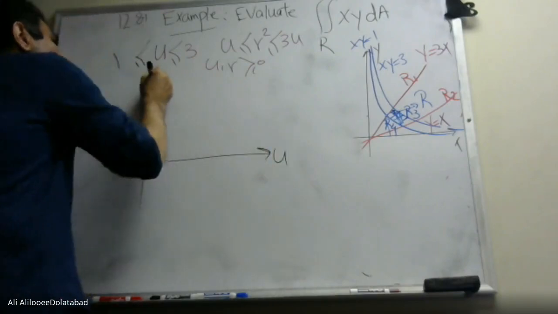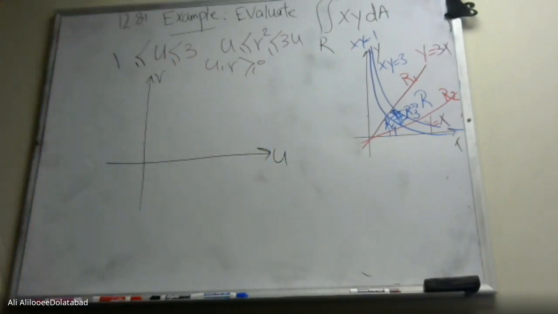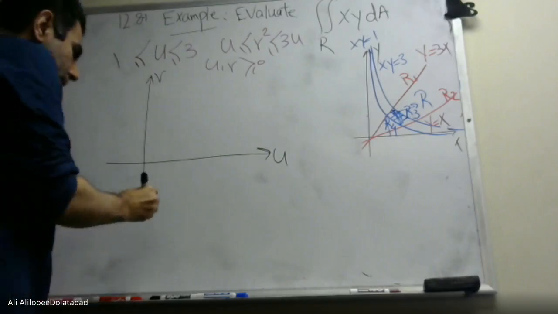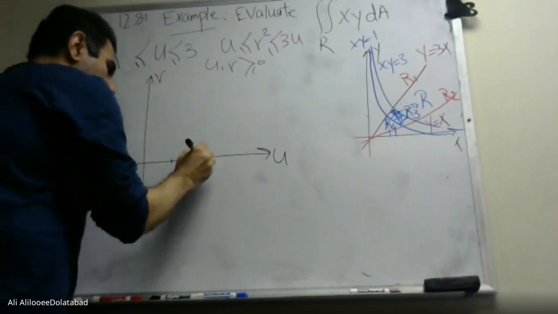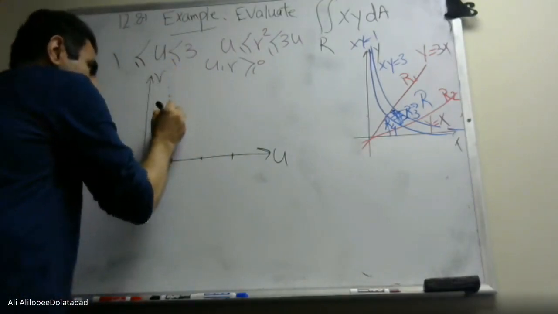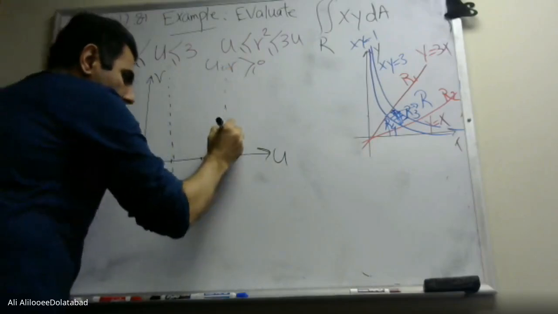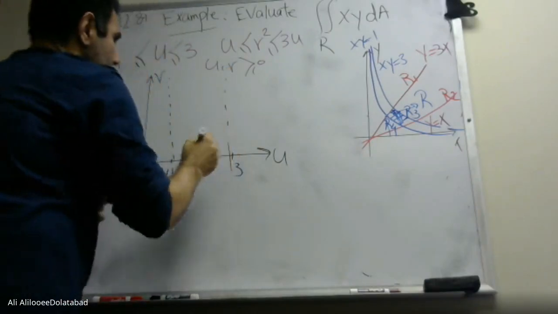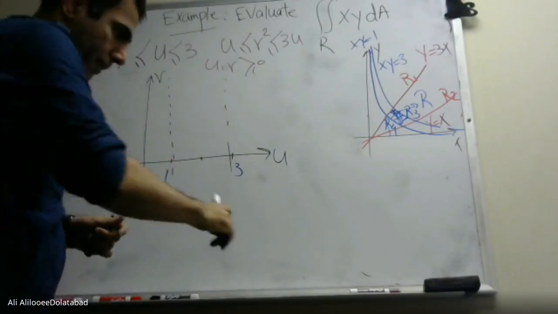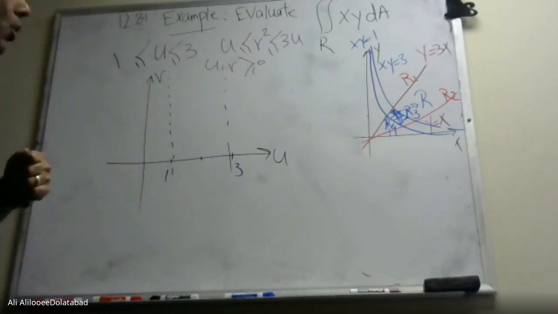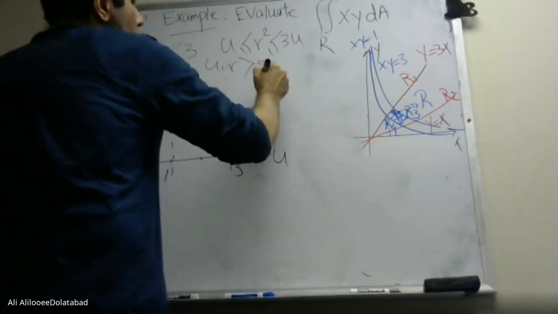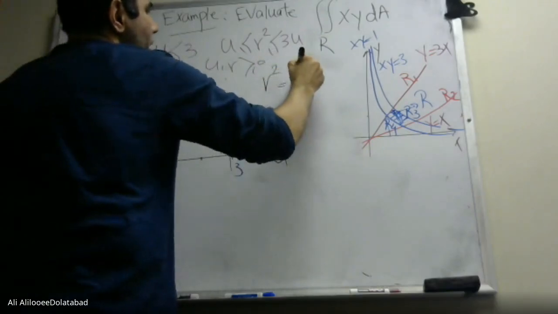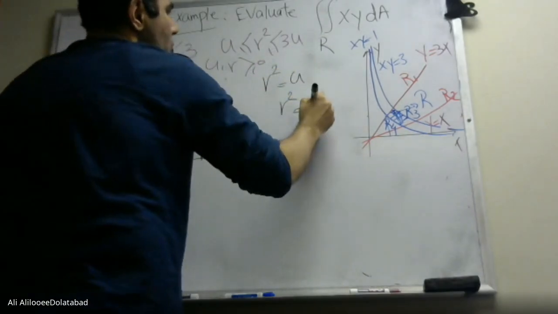This is u, this is v. U is between 1 and 3, so 1, 2, 3 on the u axis. For u, we have two lines, 1 and 3. We also have two functions: v squared equal u and v squared equal 3u.